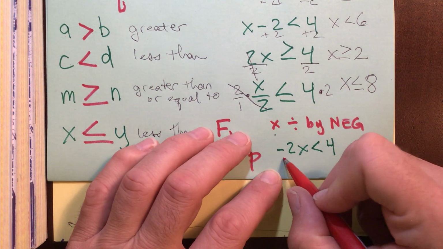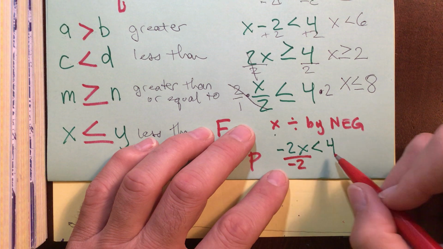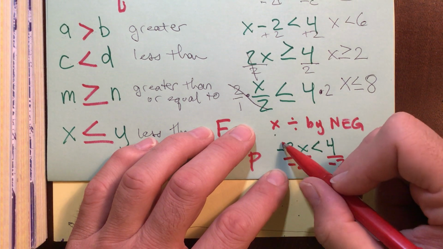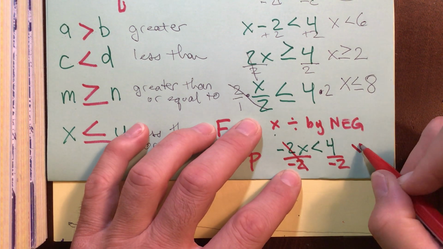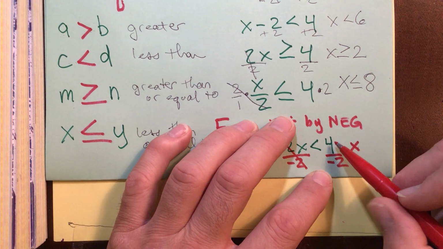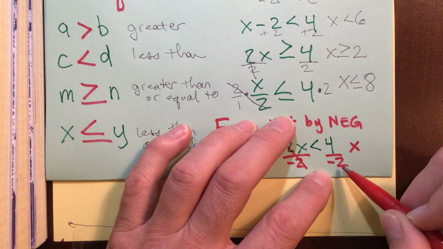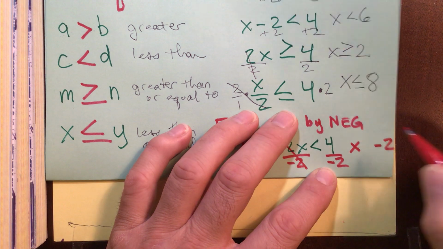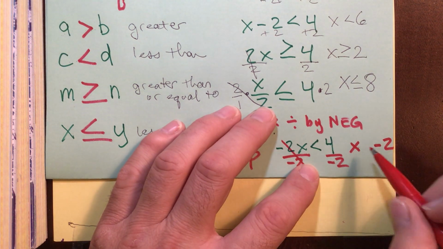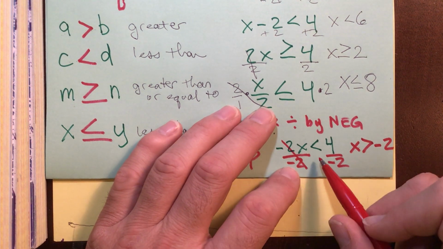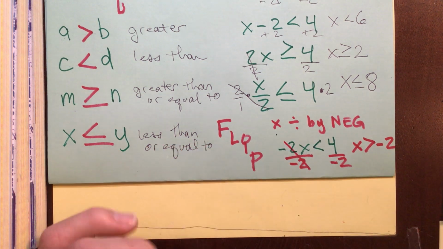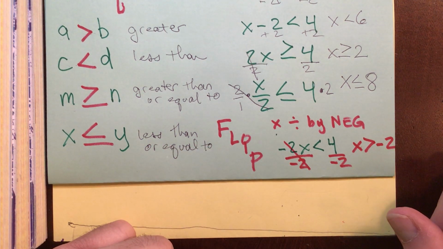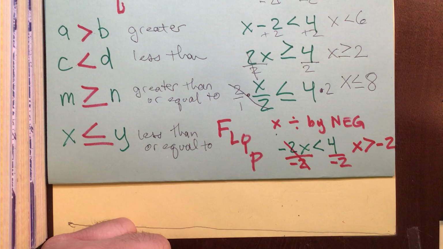But let's just do the math. If I divide both sides by negative 2, now all of a sudden I'm left with a positive x. A positive number divided by a negative number, Dorito Man would tell me I'm going to have a negative 2. So now the positive x has to be greater than the negative 2. That's why it flips anytime you multiply or divide by a negative. All right, so now we're ready to do 4 Excel problems, and we are done.